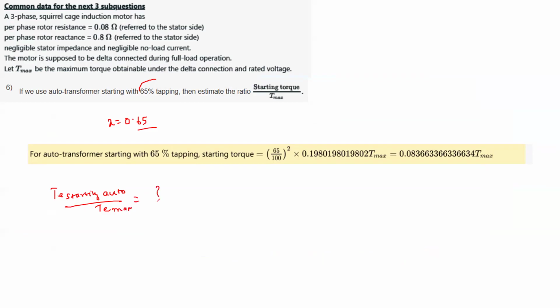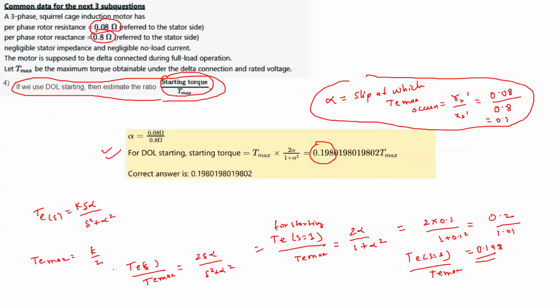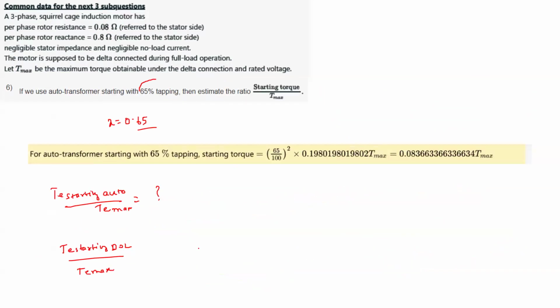This ratio we have to find. Now what we know is T starting DOL by T max. T starting DOL by T max we know from the first question, which is 0.198. So we are taking this 0.198.